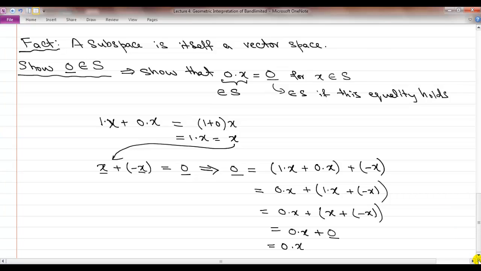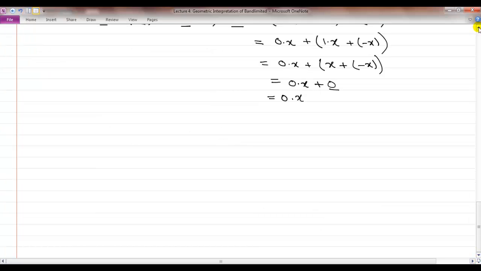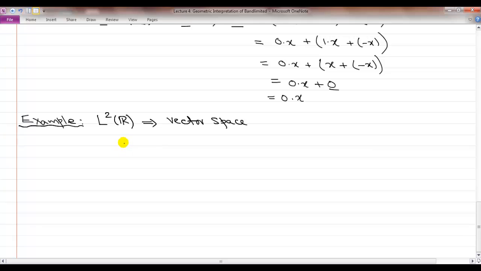We'll go back to our earlier example and relate it to what we have been studying. We have been studying L2(R), and we argued that that's a vector space. We also, in our sampling theorem, talked about the space of band-limited signals.